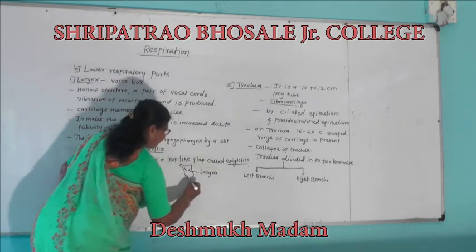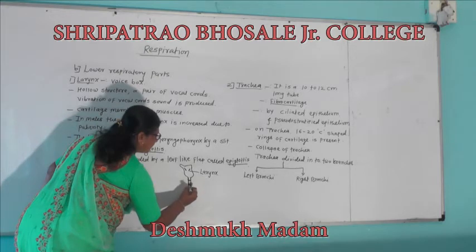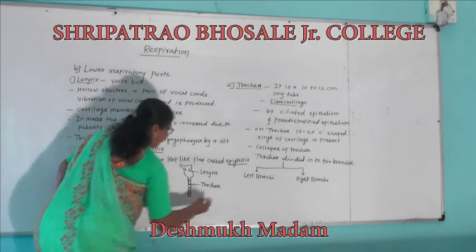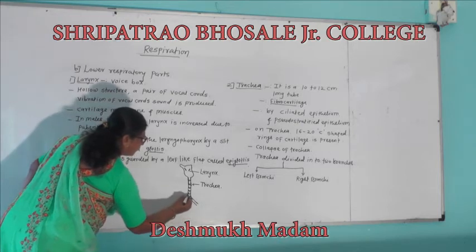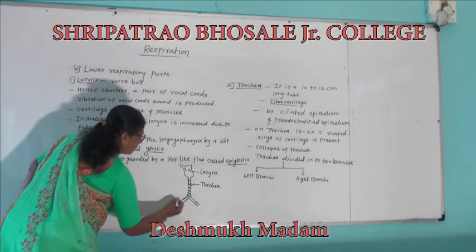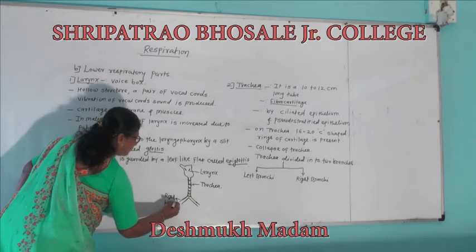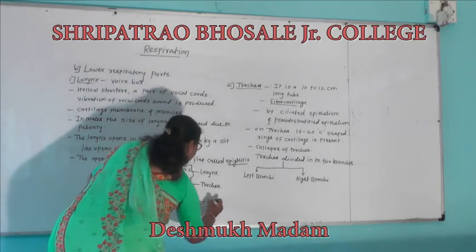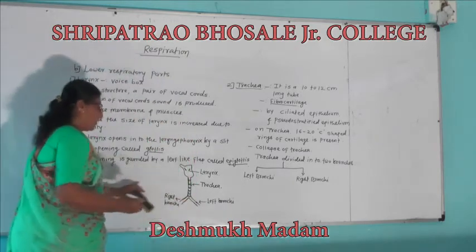Larynx, trachea, then trachea is divided into two bronchi, right bronchi and left bronchi.